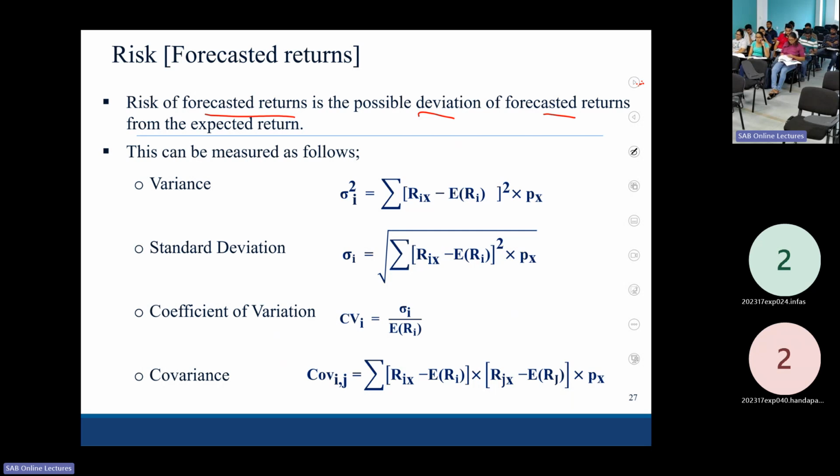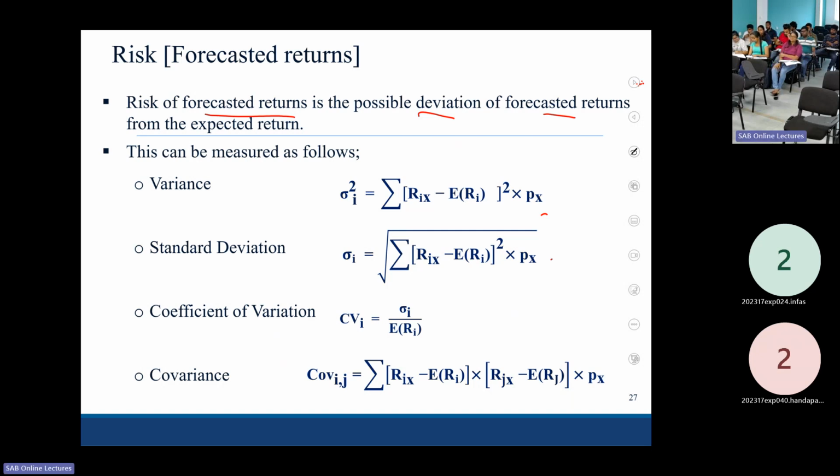When you calculate the risk of the forecasted return or the expected return, you have to use this formula. It is different from the previous one. Now look at the variables.